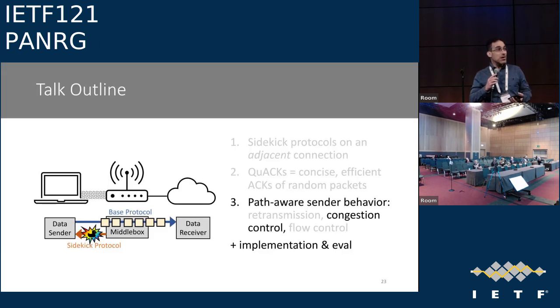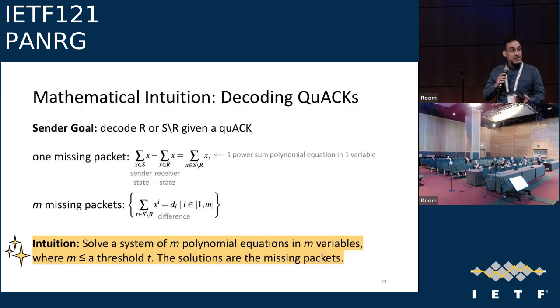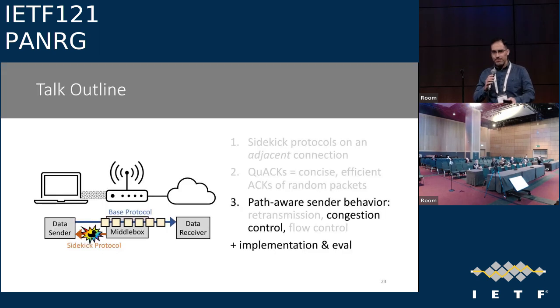With some fancy math, you can actually produce a concise digest of the packets that the intermediary has seen and can acknowledge without them having to follow any sort of structure. So they can be encrypted, they can be arbitrary, they can be unconstrained packets of the base connection. And still in nanoseconds, the sender can then perceive, oh, this is the missing packet. These are the packets that did not make it to some intermediary point on the network.